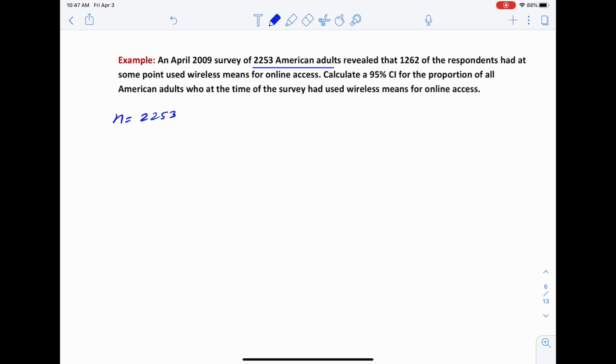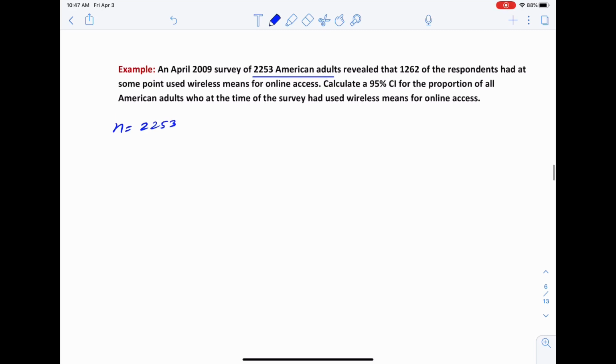Calculate a 95% confidence interval for the proportion of all American adults who at the time of the survey had used wireless means for online access. We can consider that number, 1262, as X.